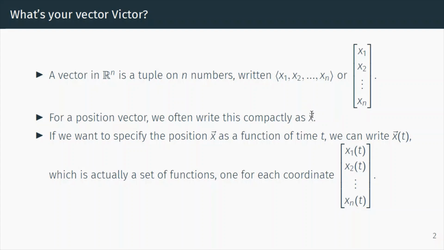So x with a vector notation means all n numbers like that. We can also think of that position as a function of time, so x of t. And really that would be n functions, where the first function gives you the x coordinate, the second function gives you the y coordinate and the z coordinate, or x1, x2 up to xn.